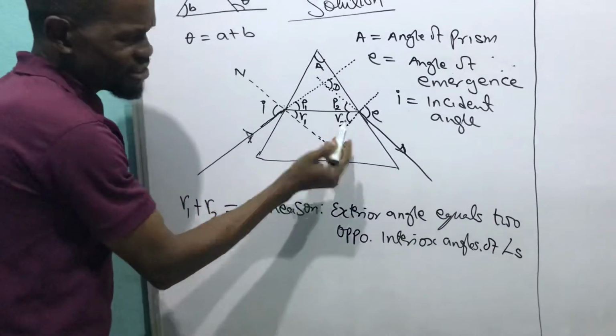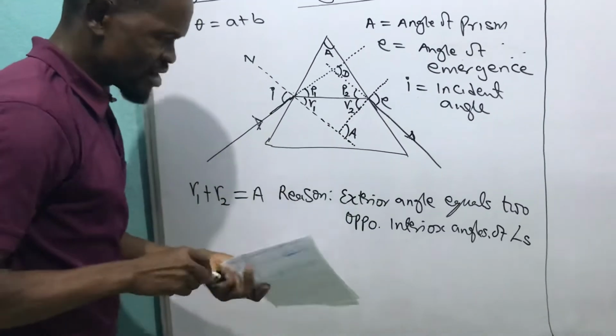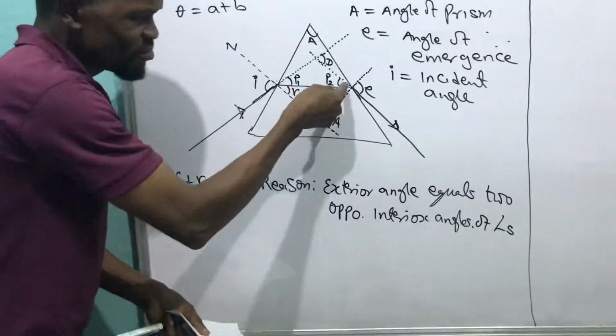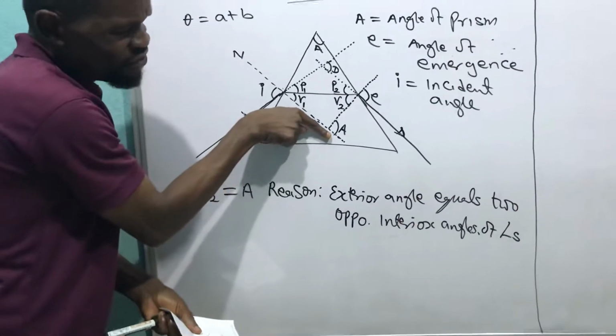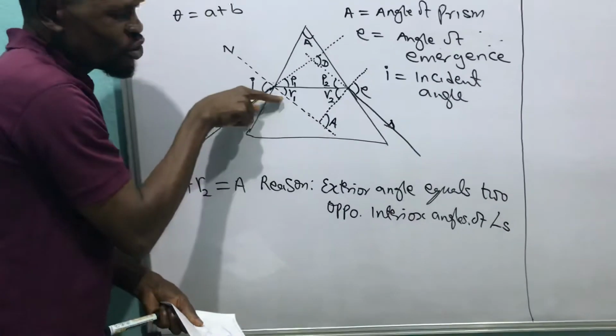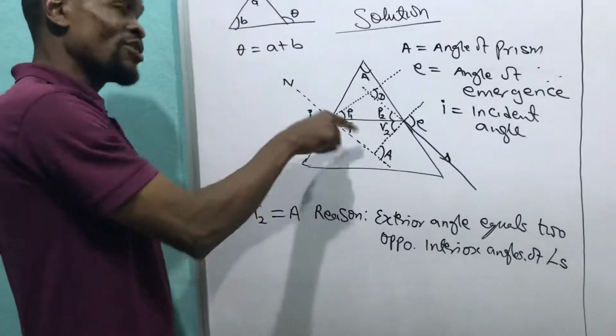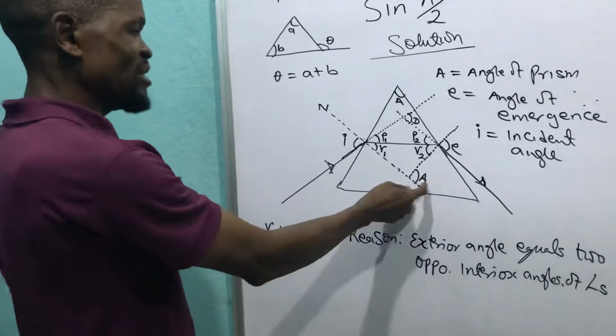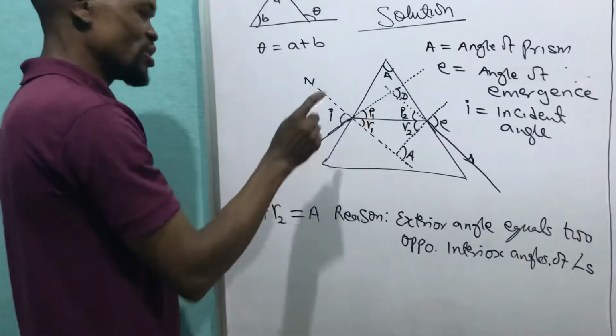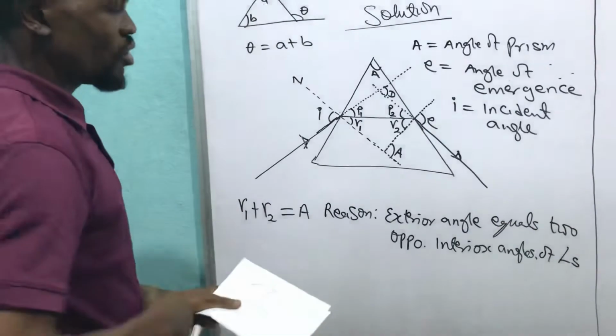And look at this. This is a triangle. Look at the exterior angle of this triangle: it is equal to the sum of the opposite interior angles of this triangle. That means this angle is equal to this plus this, according to this law.